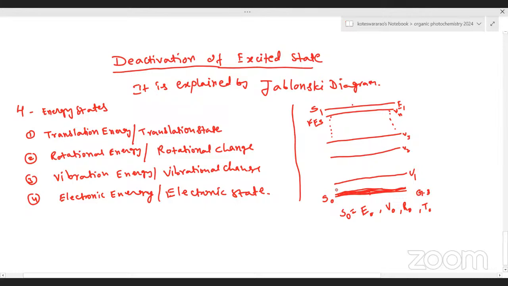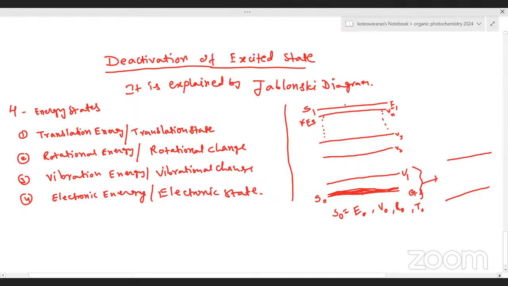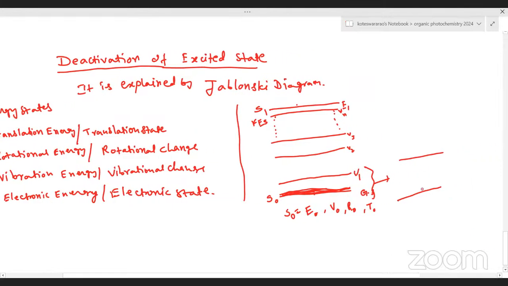There are several rotational levels. Suppose I am going to enlarge this. This is the enlarged one, right?